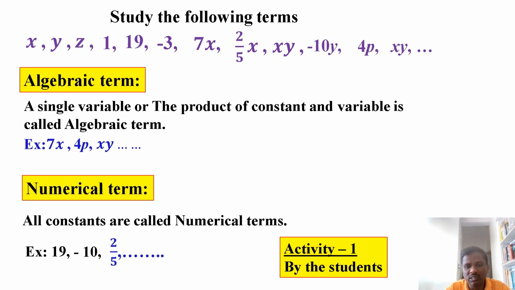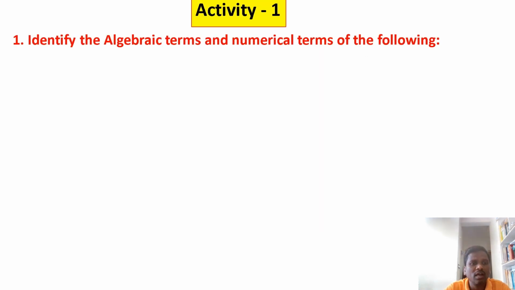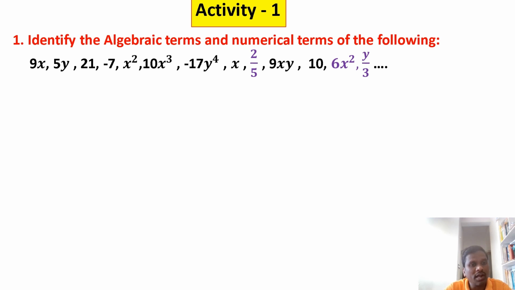Now activity number 1 for the students. Identify the algebraic terms and numerical terms of the following: 9x, 5y, 21, minus 7, and so on.